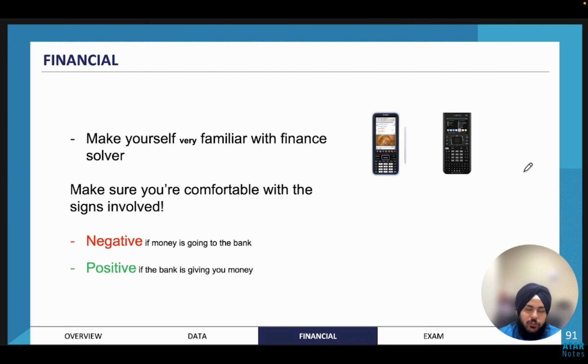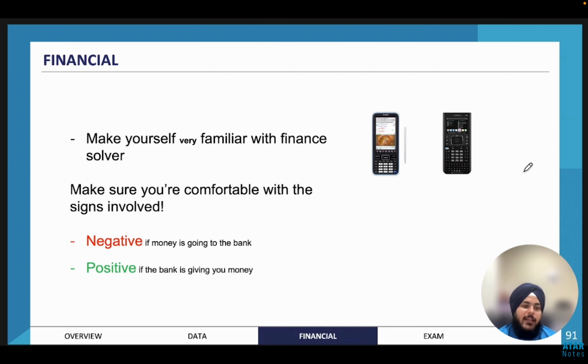So make sure you're really familiar with what negative and positive mean and when we need to use them. Obviously, there will be models, for example annuities, where the principal value will always be negative or positive. Sometimes you might be given models where you won't be told if it's an annuity, a perpetuity, a loan, or an investment. In that case, you'll have to determine what the positive and negative is, and you can only do that by reading the scenario and knowing what's happening.